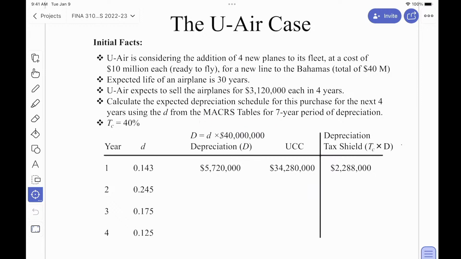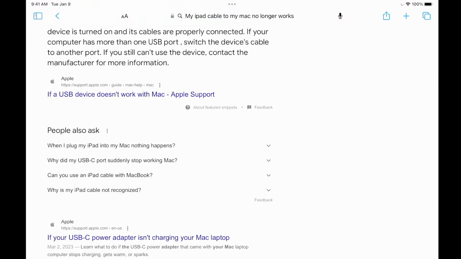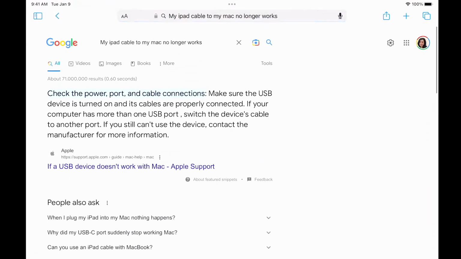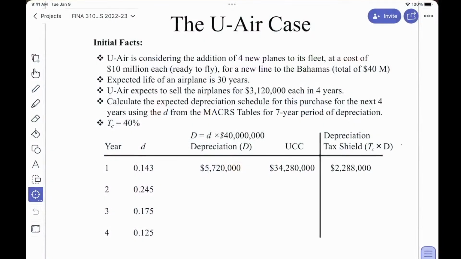The maker's table you can use is the one on the Moodle platform. I don't have Moodle loaded. Anyway, you have to look back and remember the maker's table. And these are the numbers, they're 3 digits for the 7-year depreciation. And I have one set of values included here.